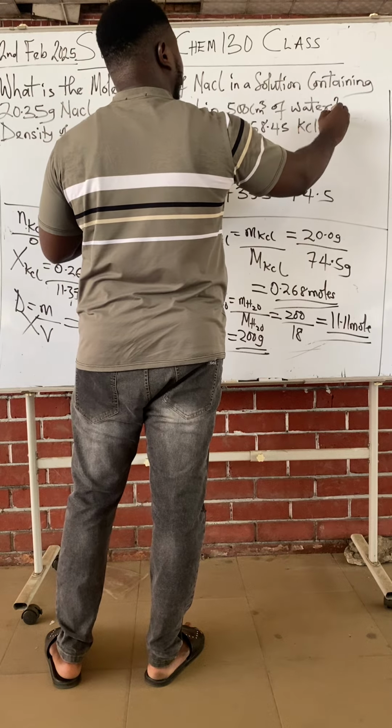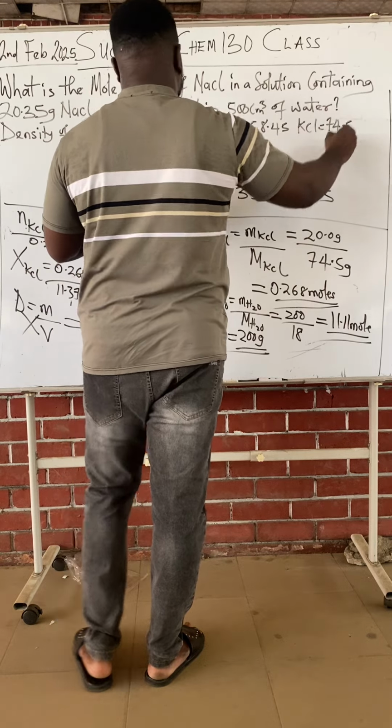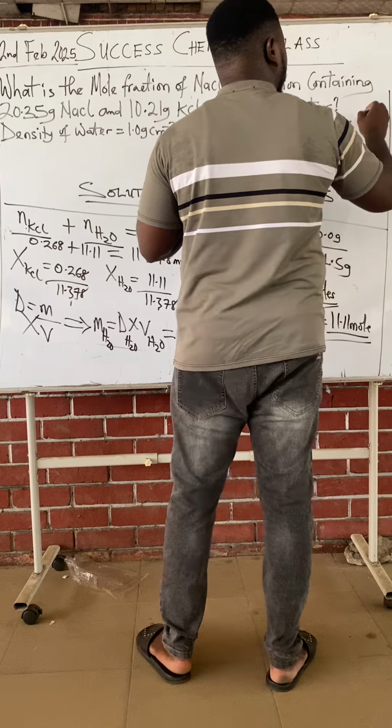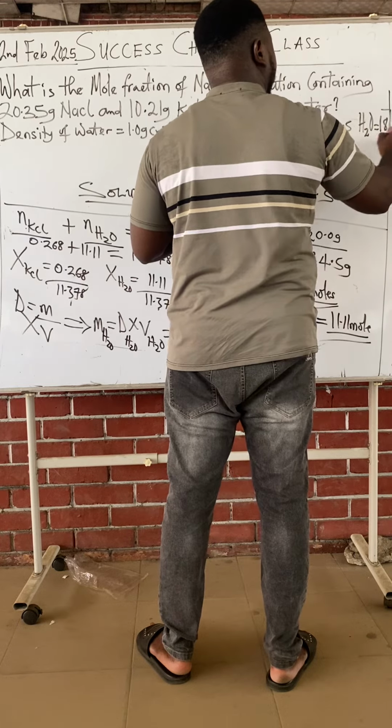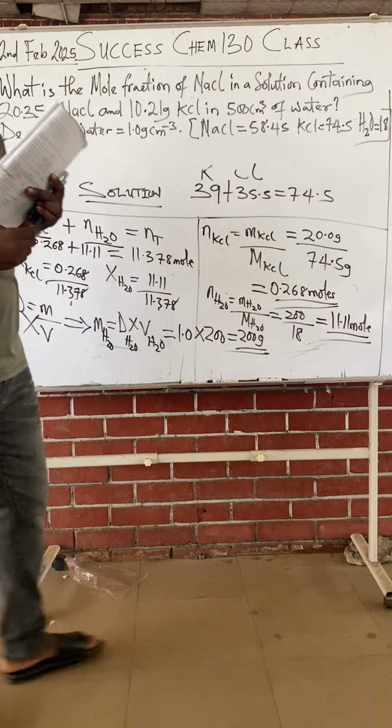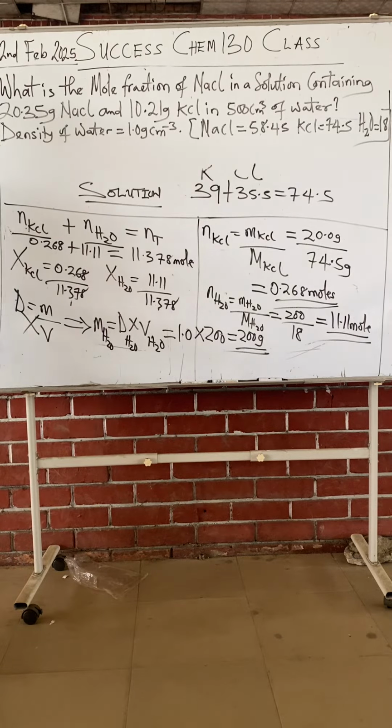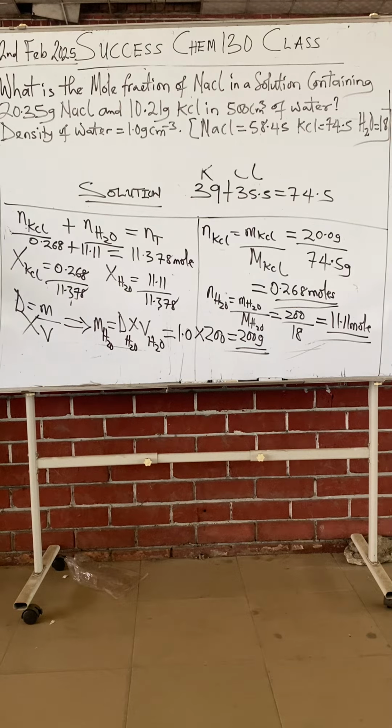KCl is 74.5. And H2O is 18 gram. So they give us all this as hints.